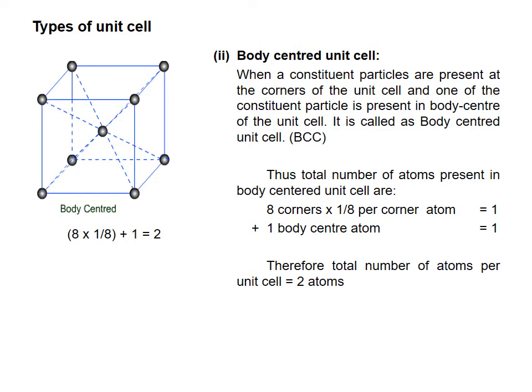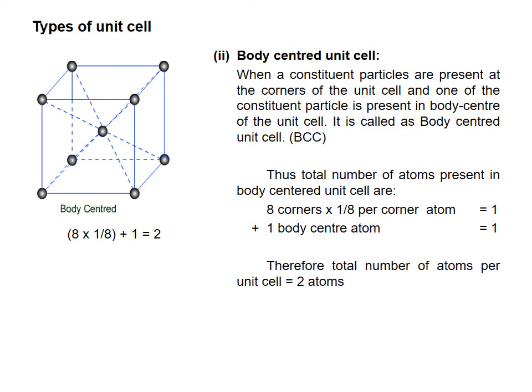As on your screen, atoms are present on each corner of the unit cell and one atom is present in the center of that unit cell. Like the primitive unit cell, atoms on the corner are shared by 8 other unit cells when they form a crystal lattice.